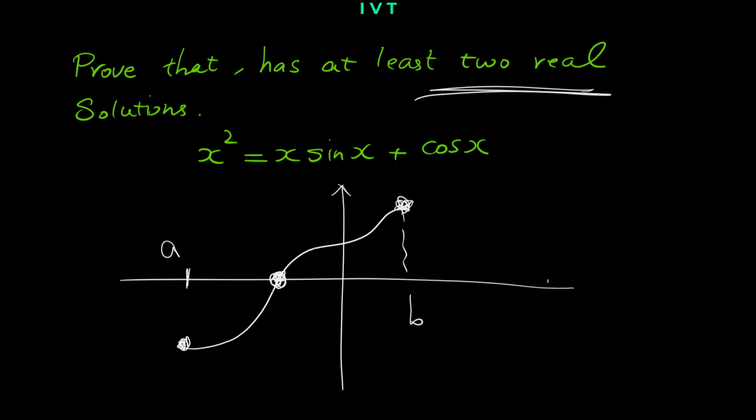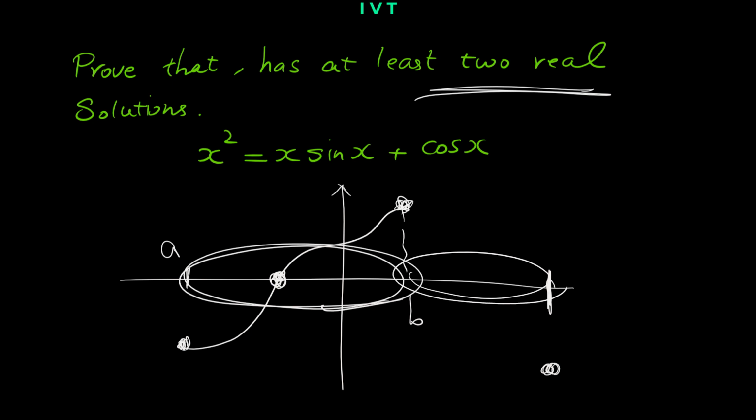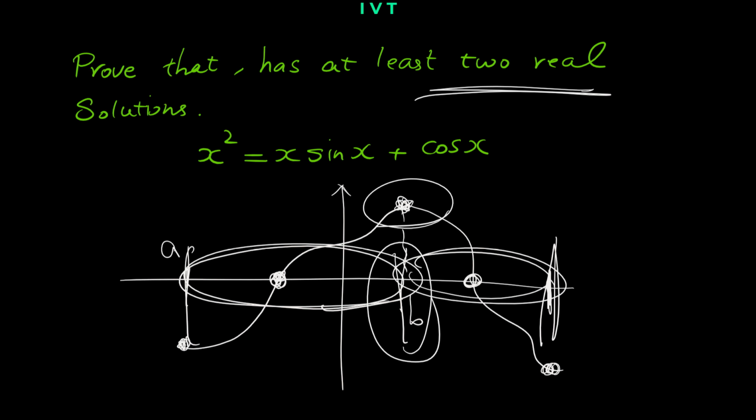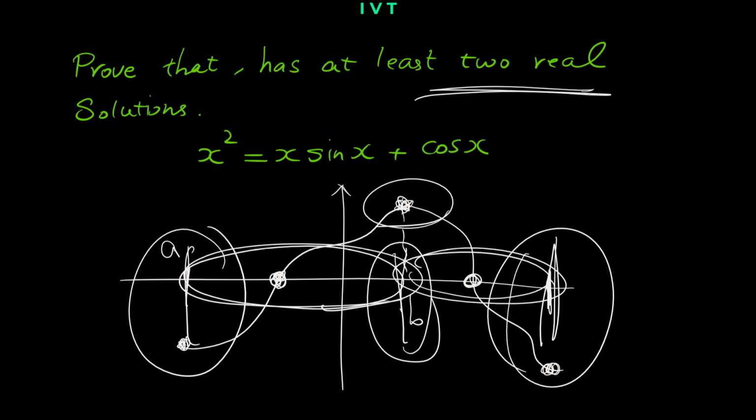But if you can find a third point that again makes the function negative, then we have one solution in this interval and another solution in this interval, so we can prove that the equation has two real solutions. So the idea here would be to find three numbers, not just a and b but a third point, such that at one of those points, for example, the function is positive and at the other two negative, or the opposite.